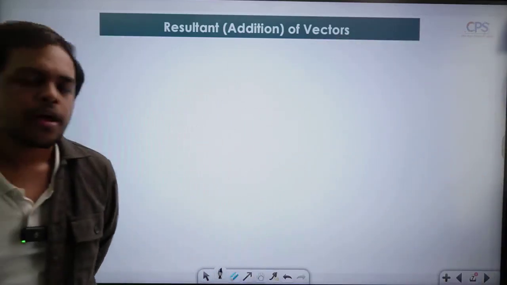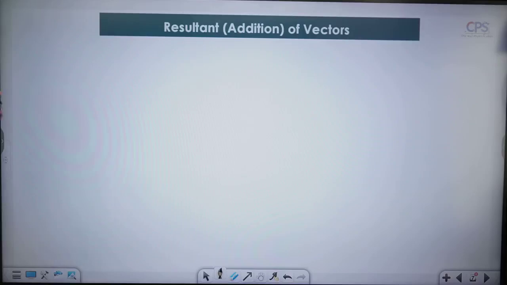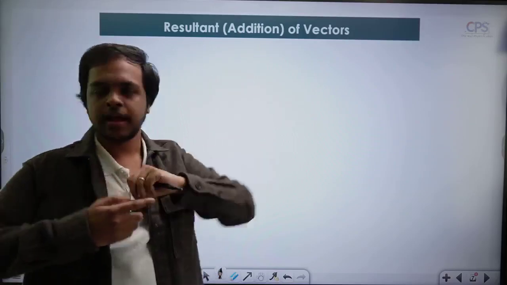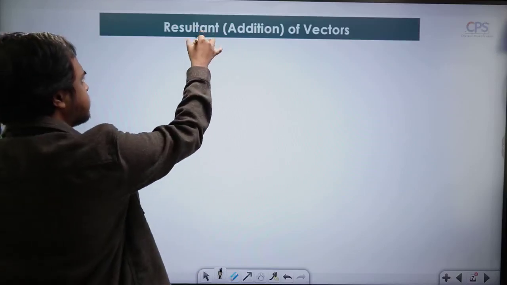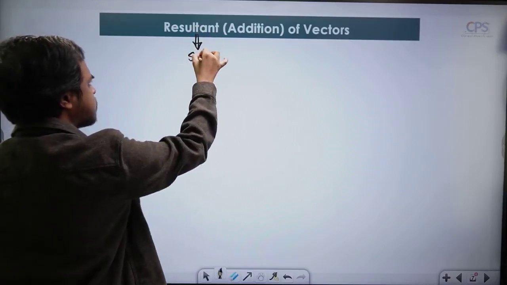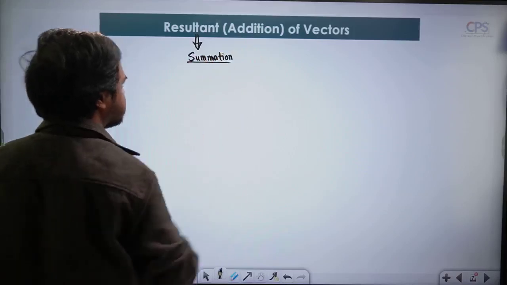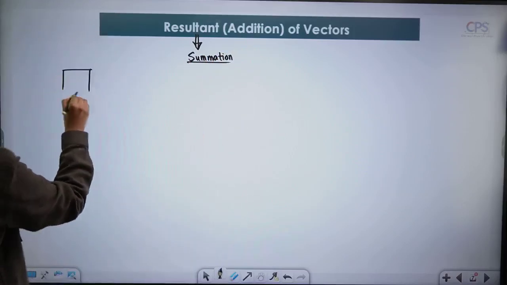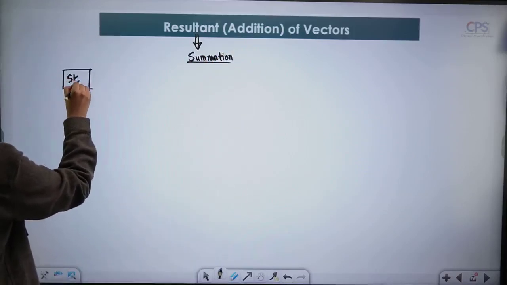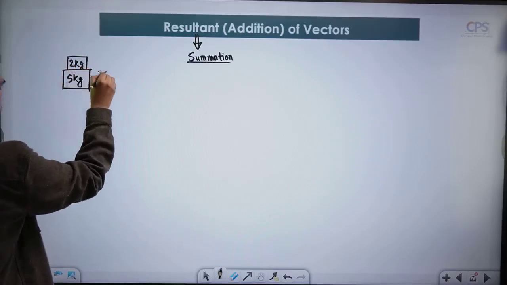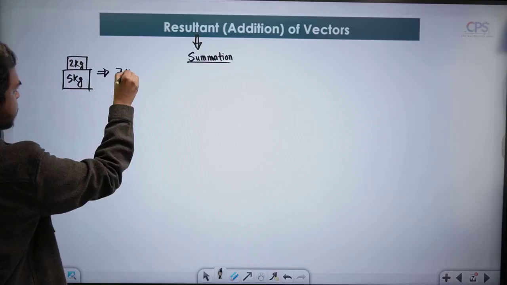So right now we have to start worrying about how the vectors sum up. Resultant means the summation. Okay, like we summed up kgs with kgs, say this is 5 kgs, another block on top is 2 kgs, so total is 7 kg, right?